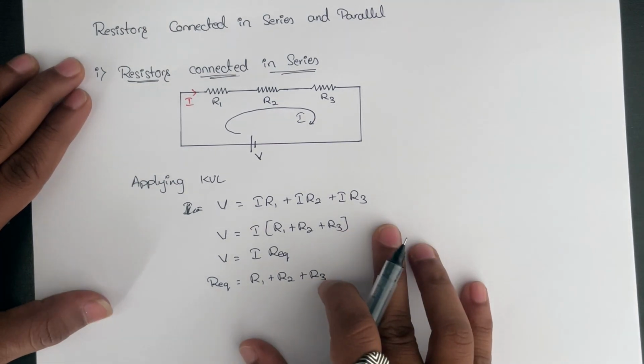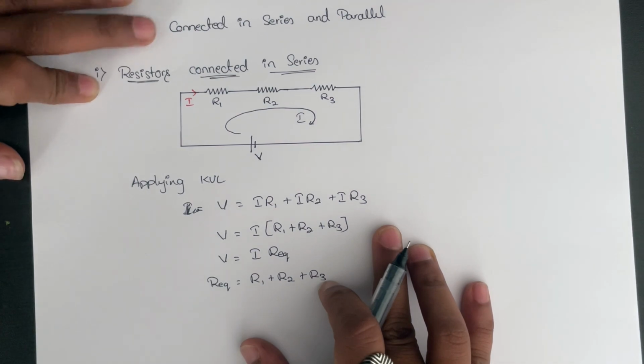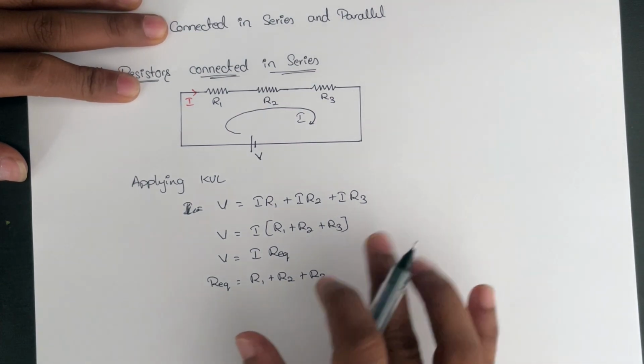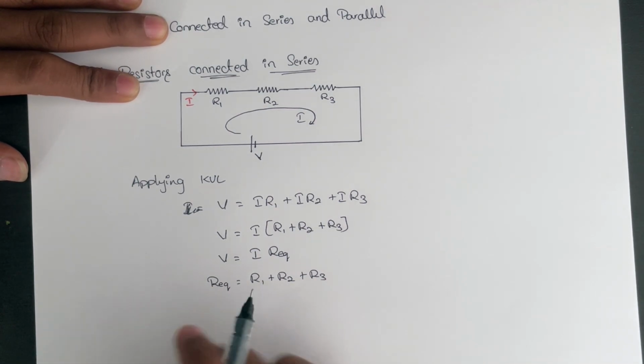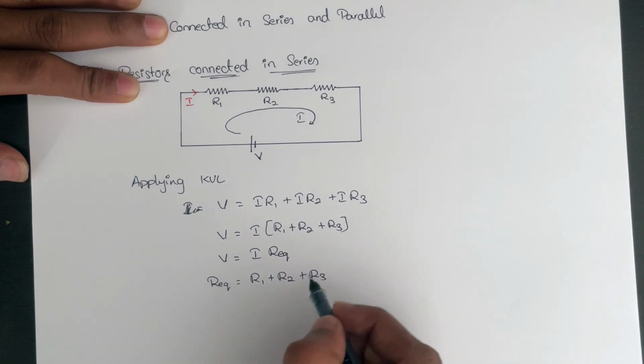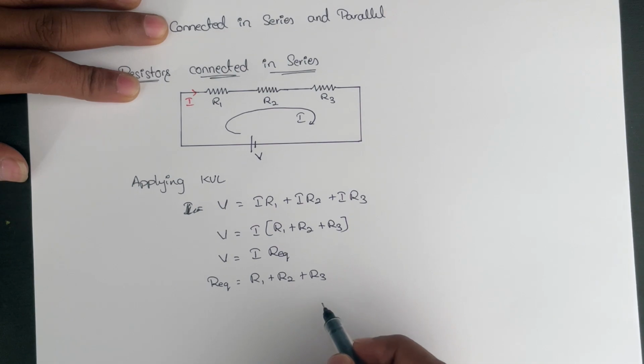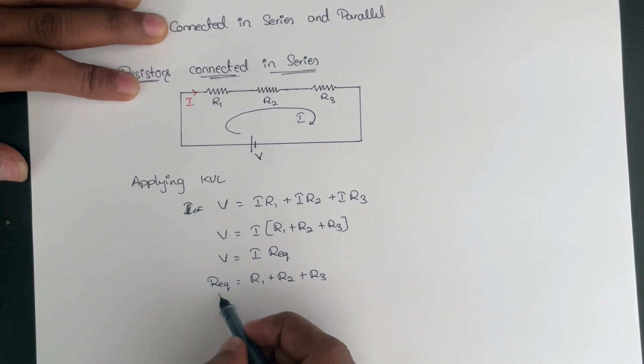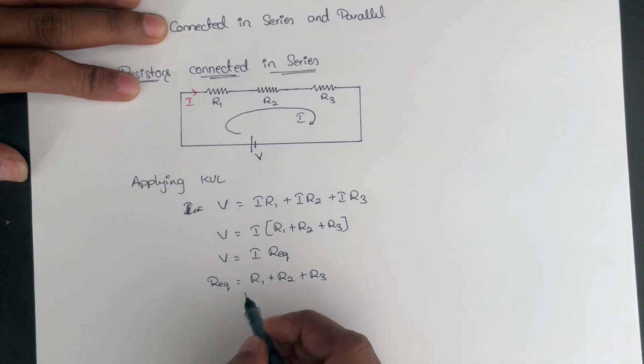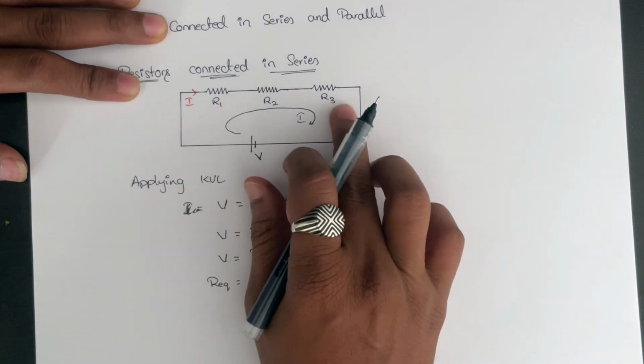From this we can say that for resistors connected in series, the equivalent resistance will be the sum of the resistors connected in series, R1 plus R2 plus R3, and the equivalent resistance will be greater than the maximum resistance value connected in the circuit.